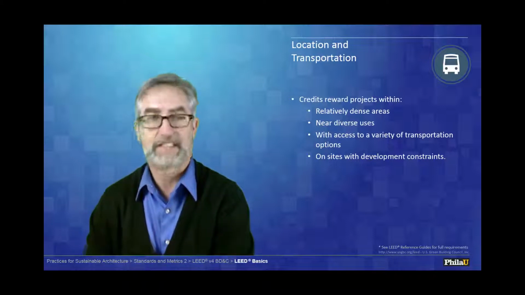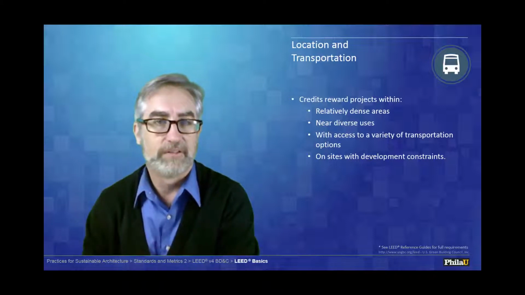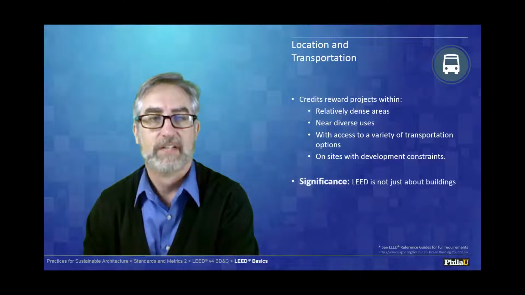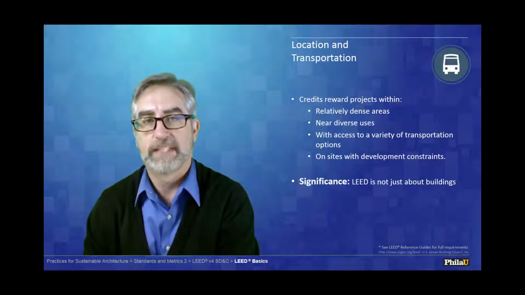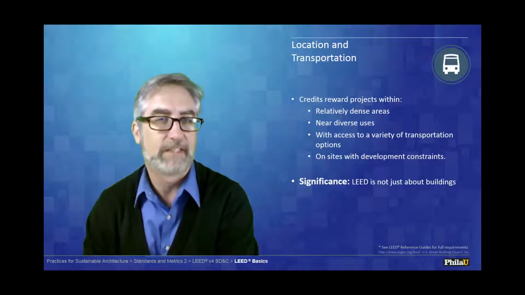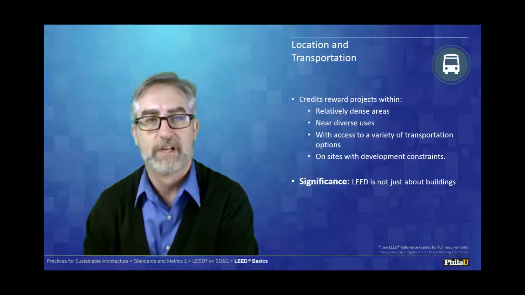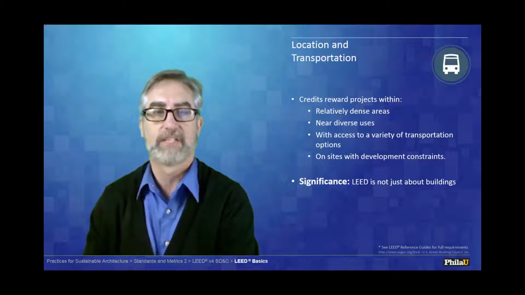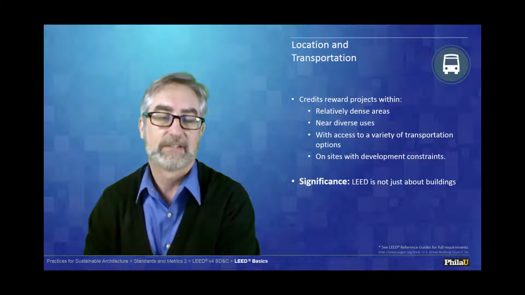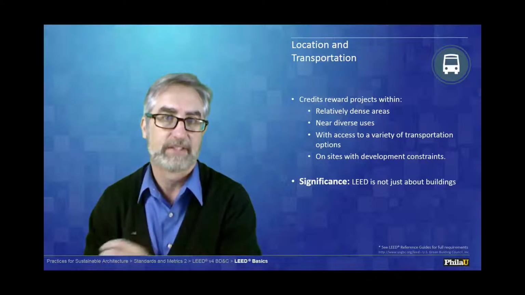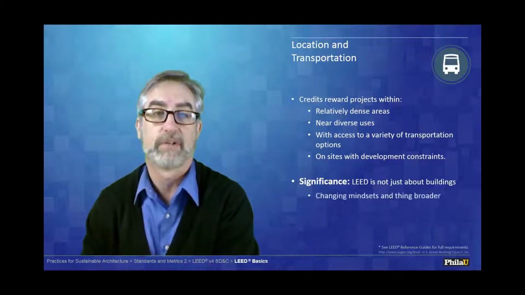So it's really looking at site selection as critical to the overall sustainability model. And so LEED is not just about buildings, actually. It's about a whole methodology for achieving a sustainable future. We tend to think of it as a LEED Gold building, but in fact, it actually is much more sophisticated than that, as evidenced by these points, and you can get a lot of points for these, so we'll go through that. So we want you to think broader.